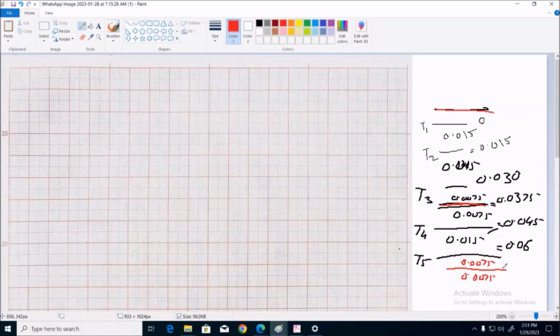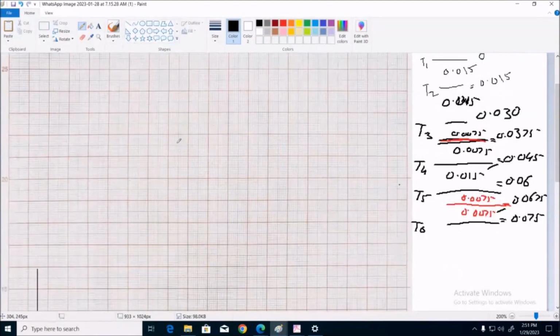So 0.0675, and then you will get T6. 0.0675 plus this gives 0.075, and then between T6 and T7 again 0.015, you will get T7, which is 0.09.